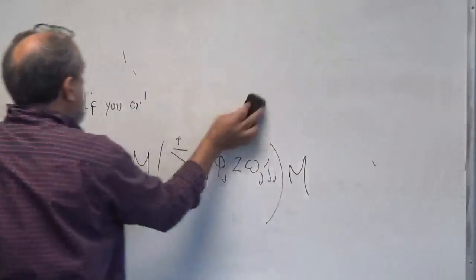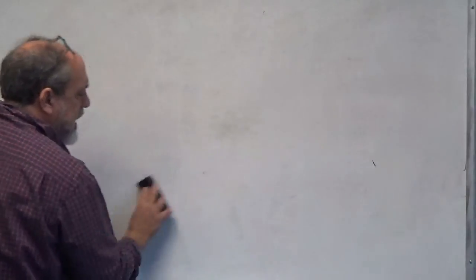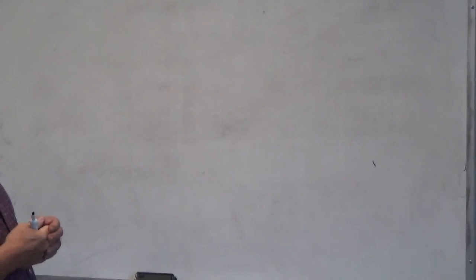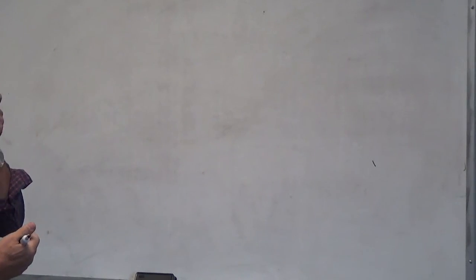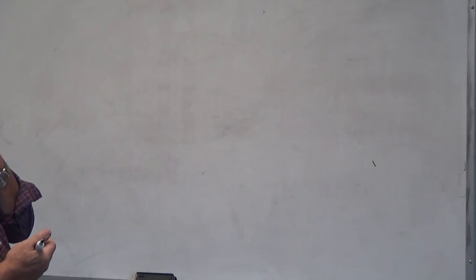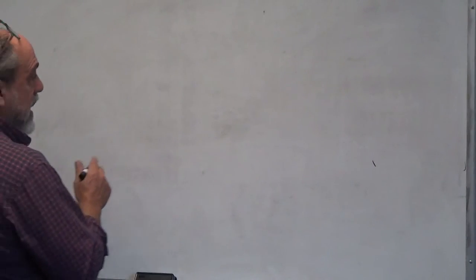All right, now that's a general form. There are other forms to make the damping matrix. There is another form that it is important for you to be aware of, and it is this one.